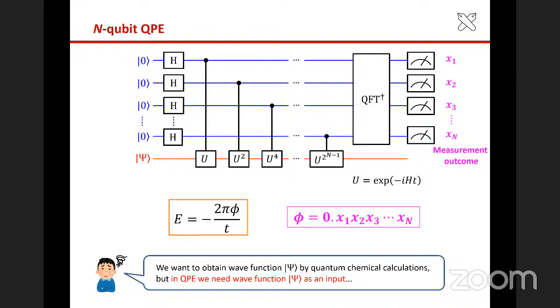So usually preparing the exact wave function at the beginning of QPE is impossible. I mean that if you already have the exact wave function, we don't have to perform the quantum chemical calculation at all, because we already know the answer. So we have to use some approximate wave function.